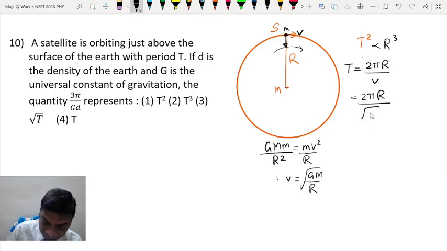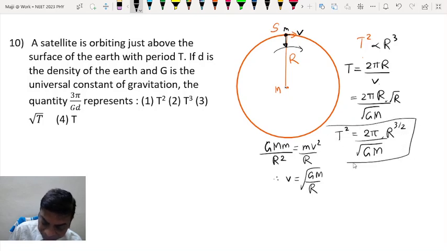So if you substitute v as under root GM by r, this becomes 2 pi upon root GM into r to the power 3 by 2. So this is Kepler's third law.